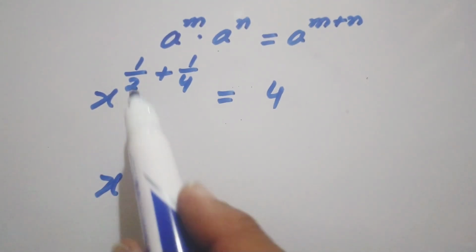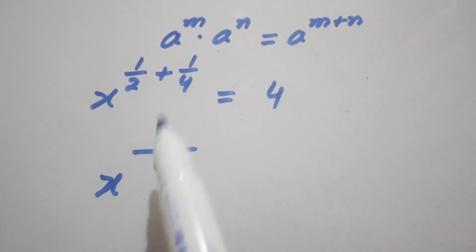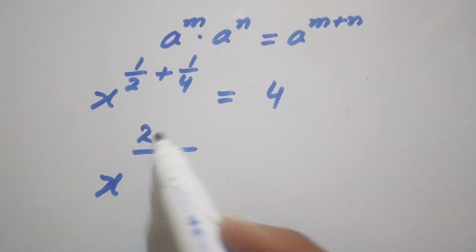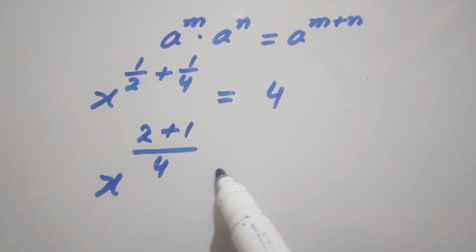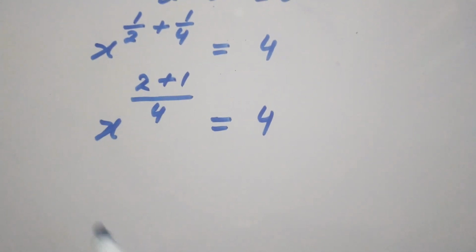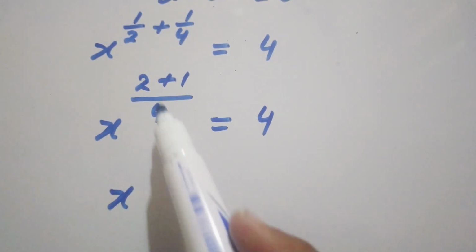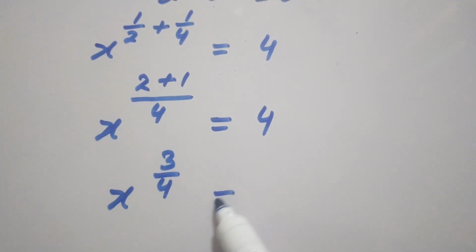Now x power 1 by 2 plus 1 by 4, we can take LCM. The LCM is 4, and 1 by 2 multiplied by 4 gives us 2, plus 1 by 4 multiplied by 4 is 1, and this whole thing is equal to 4. So now this will become x power 2 plus 1, 3, divided by 4 is equal to 4.